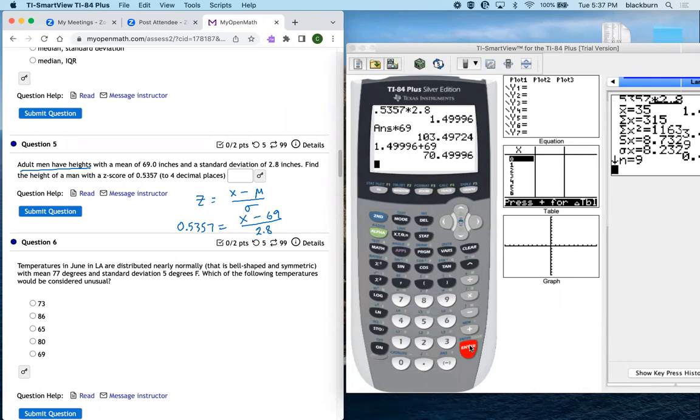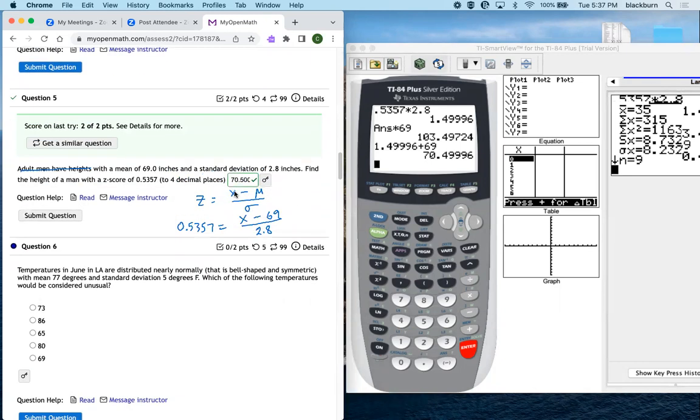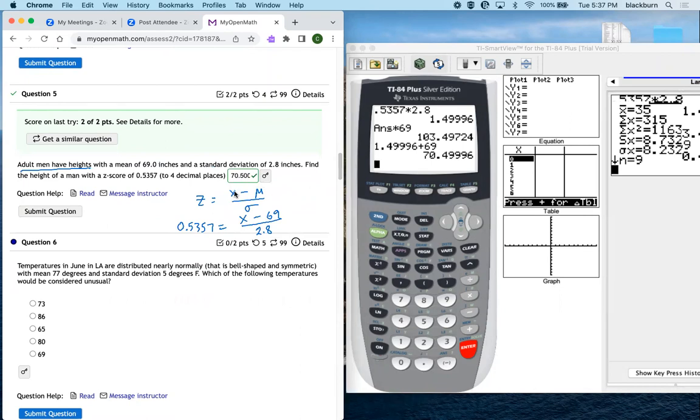Basically, if I round it to the nearest 4 decimal places, it's going to be 70.5000. All righty. So basically you're setting it up and you're just solving an equation. But that formula is what you're going to use to do these ones with z-scores.